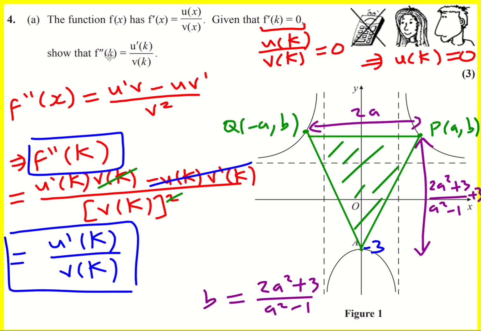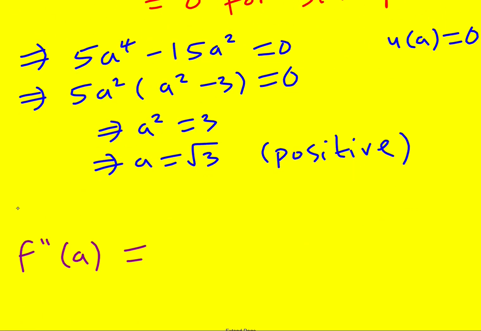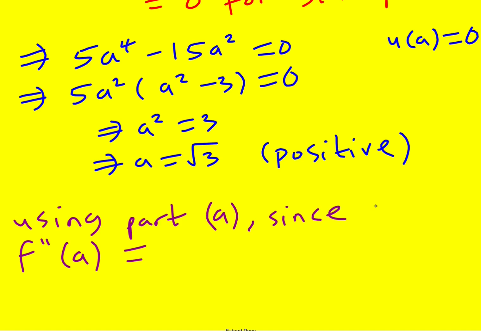And so it follows that f double dash of a in our case is equal to u dash a divided by v(a). That's a little shortcut that we can make, since u(a) is equal to 0.